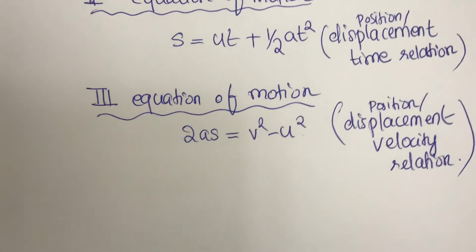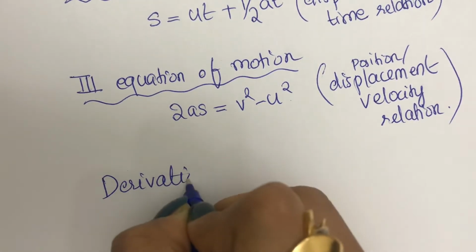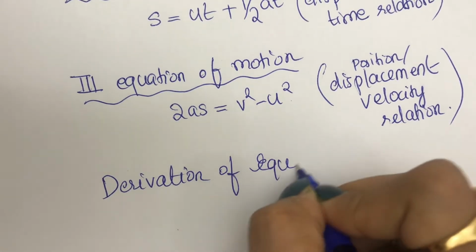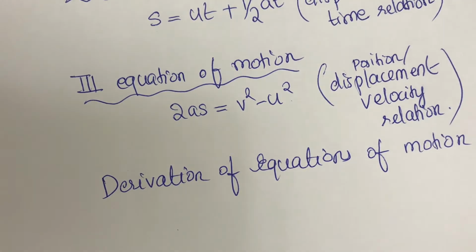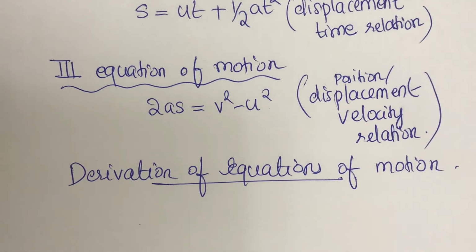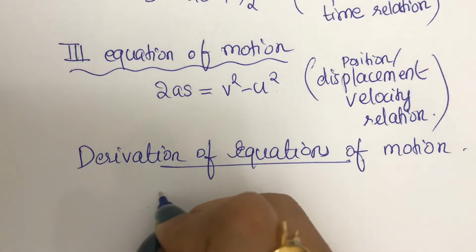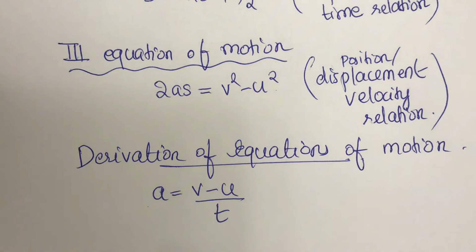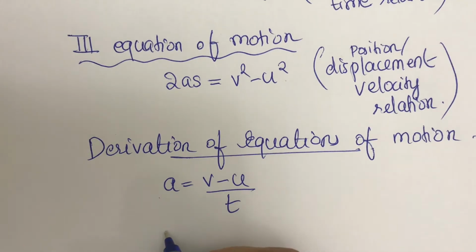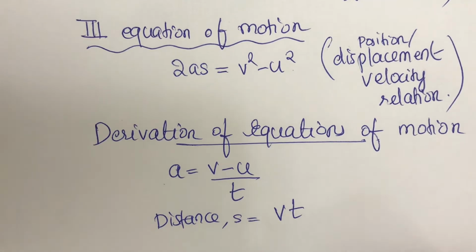So now we'll see how to derive the equations of motion. First, we need to keep in mind certain equations. You know the equation of acceleration: a = (v minus u) by t. And the distance equation: distance or displacement s = vt, velocity into time.